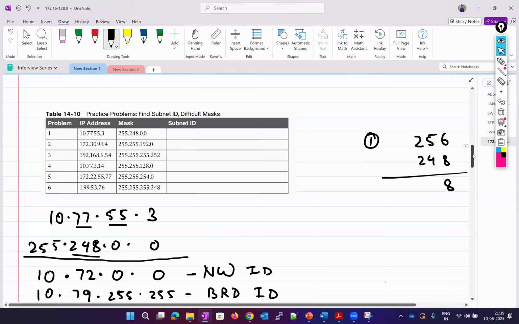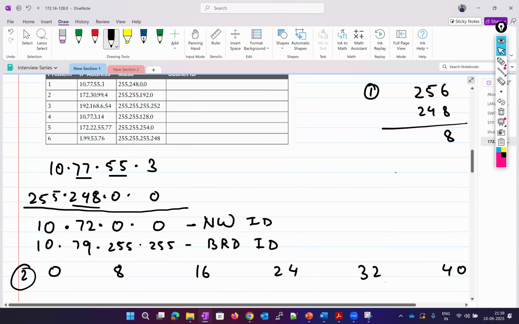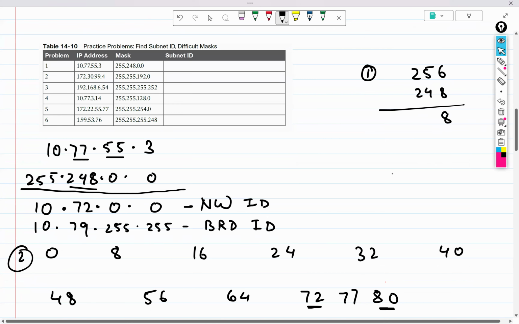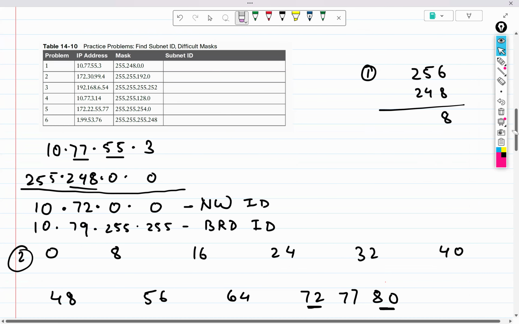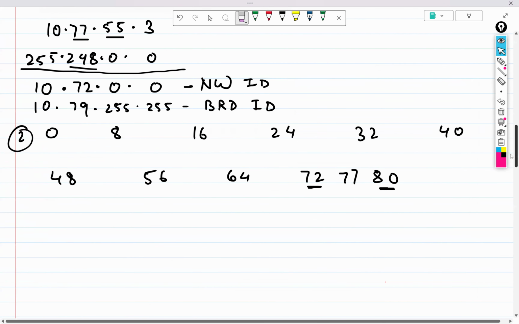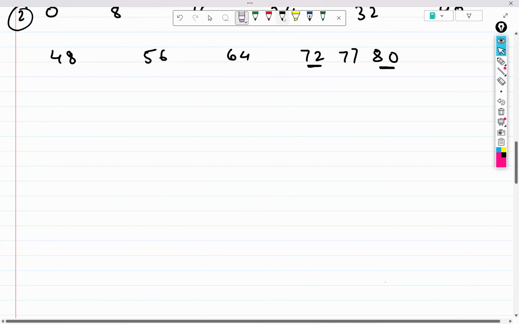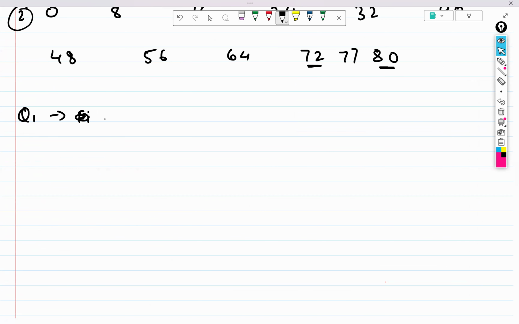Again, let's go a bit more in depth into it. Same question, 10.77.55.3 and that same address mask. Let's go beyond. Let's try to solve a bit more. The question now says: first, what is the prefix length?